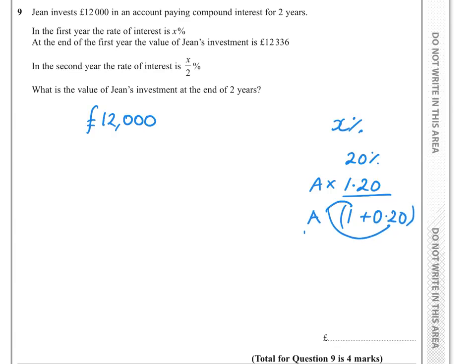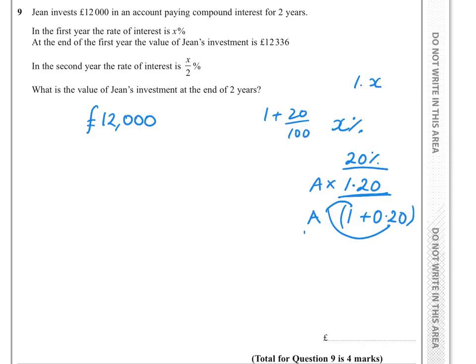But in this case, we don't know what the percentage is, so we can't just write 1.x, that wouldn't make any sense. So what we'd say is, if we wanted to have an interest rate of 20%, we'd have 1.20. Well, this is 1 plus 20 hundredths, if you think about it.